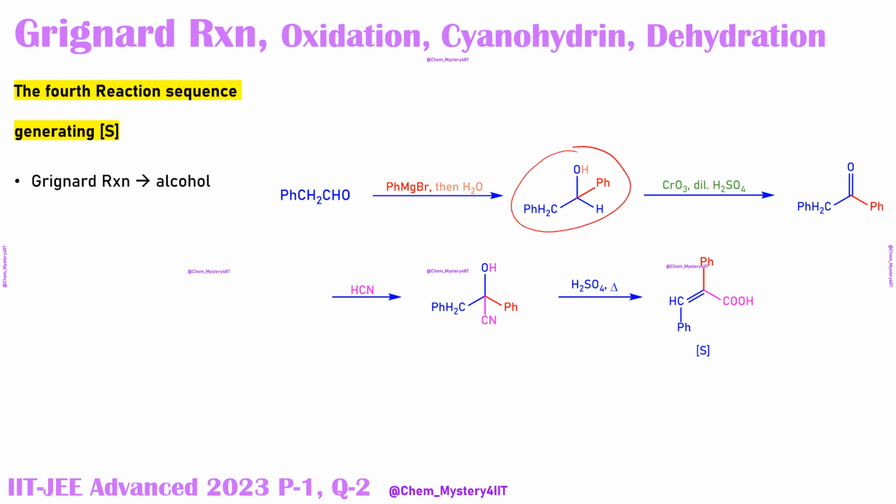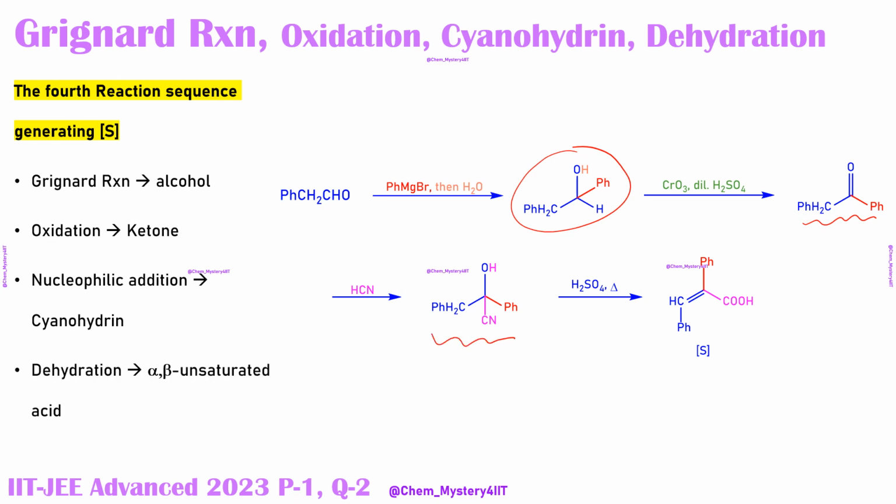In the second step, when we do oxidation, this 2-degree alcohol is converted into a ketonic product, and then this ketone undergoes addition of HCN, which is nucleophilic addition.